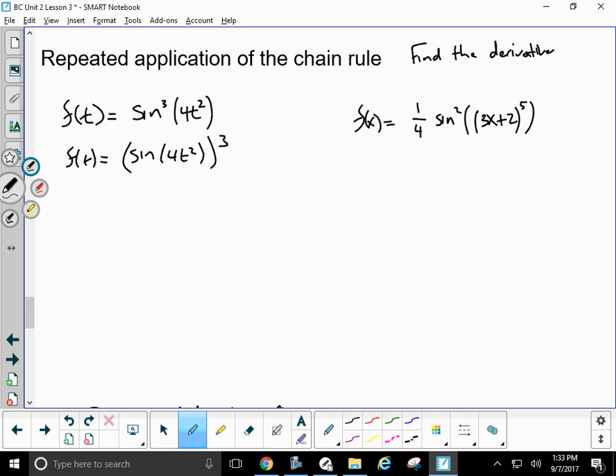Okay? Well, this has an outside, which is the stuff being cubed. But if I say the inside is the sine of 4t squared, notice this is still a composition.